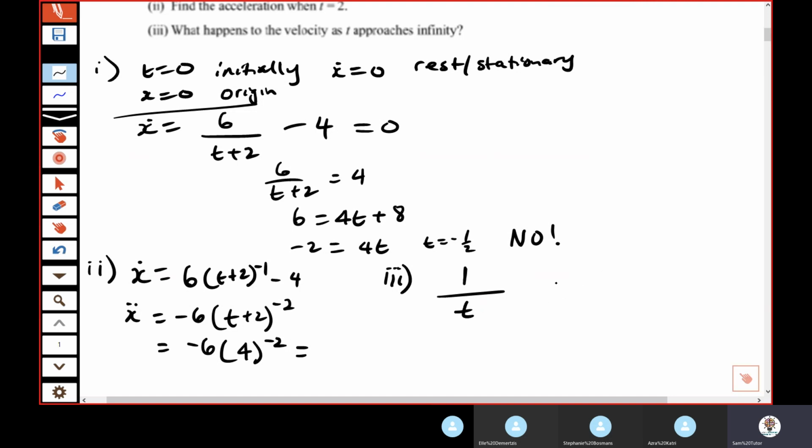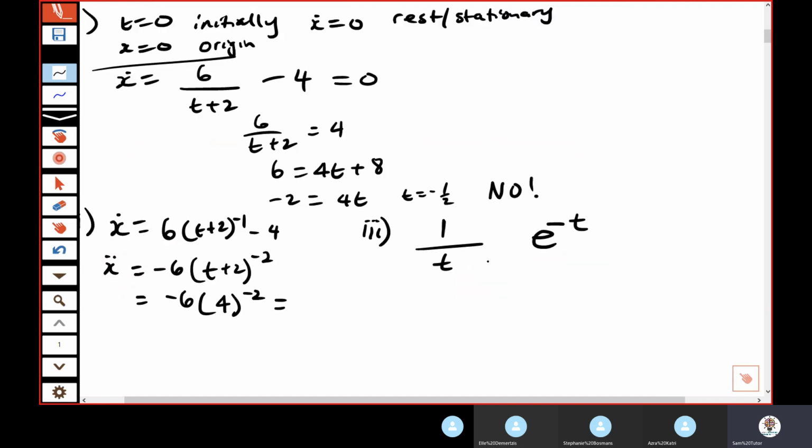The other infinity question you'll get is e to the -t. So if I've got 1 over infinity, what's 1 over infinity? 1 divided by infinity. 1 pizza divided by infinite slices.